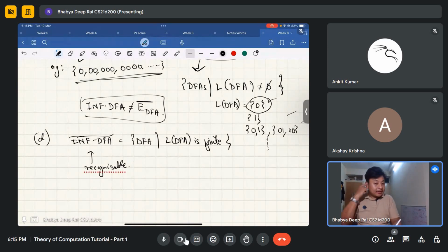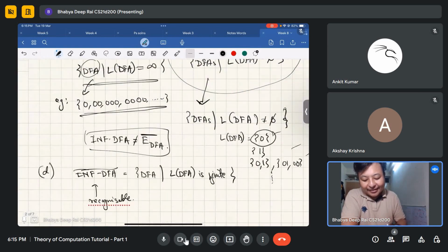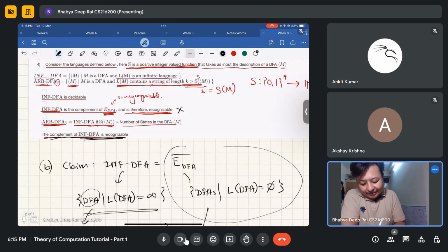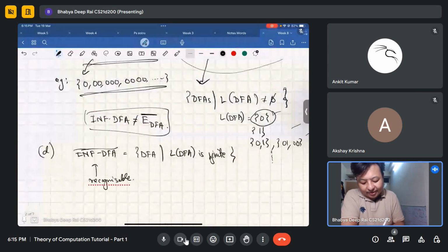Can we determine if the language of a DFA is finite? That is the question. I'll come to this actually. Sorry, I started with D. Should have started with C. Okay, I'll come back to D. This is to be continued.